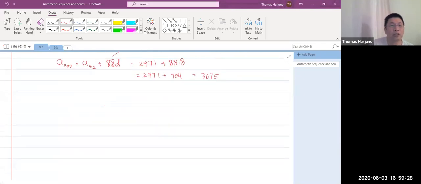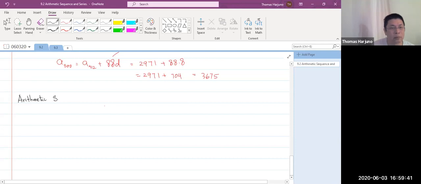The last part of this section, even though that's the last part, it's still a big portion: the arithmetic series. An arithmetic series is a series whose terms form an arithmetic sequence.